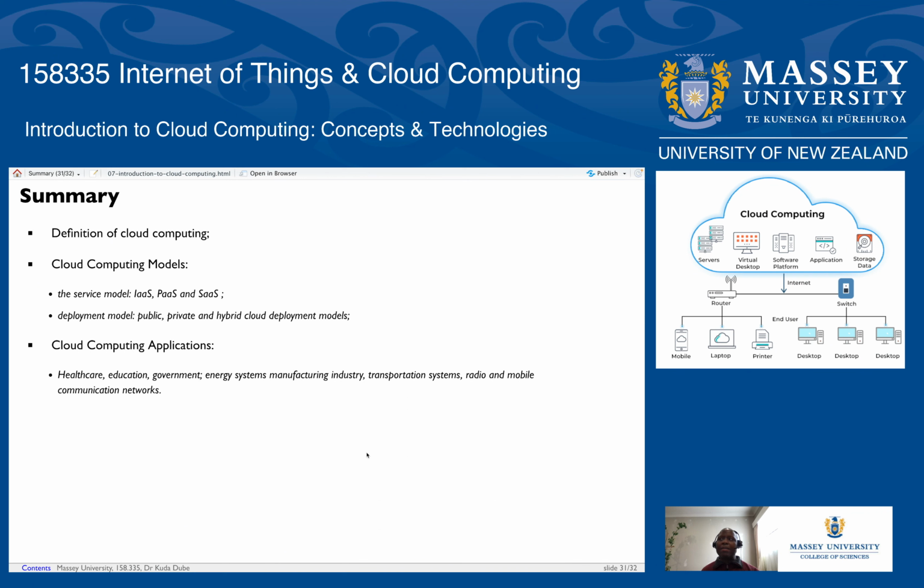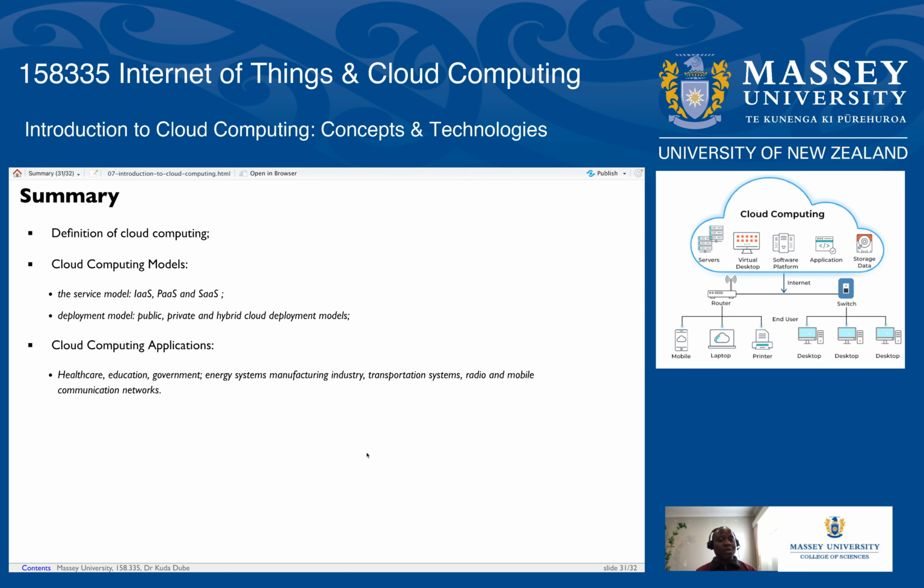We have now come to the end of part 1 of this week's topic. What we have done in this recording is to define what cloud computing is in section 2. Of course, in section 1 we gave an overview of the course and where we are, and also some of the resources that you require for this course. And then we defined cloud computing, we looked at cloud computing models: platform as a service, infrastructure as a service, and software as a service.